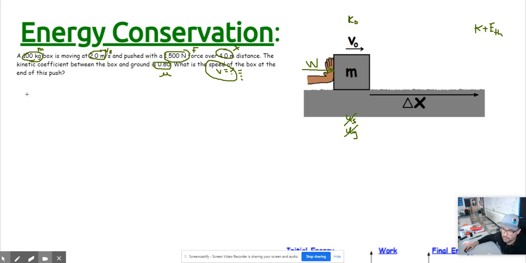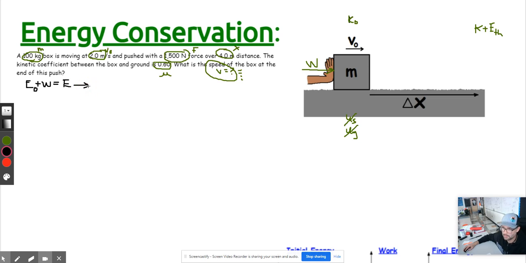So let's start our energy conservation equation here. That basically tells us how we get to a final energy state. Well, it depends on how you started plus what you did to change it. And so we do have work in this case.